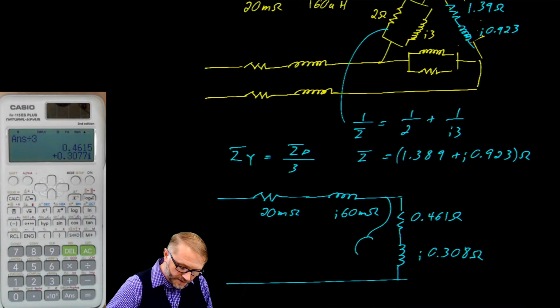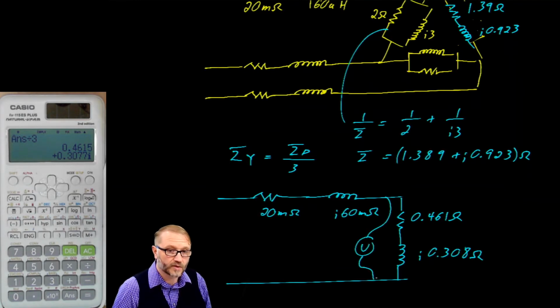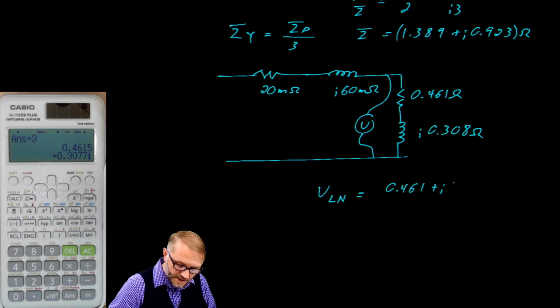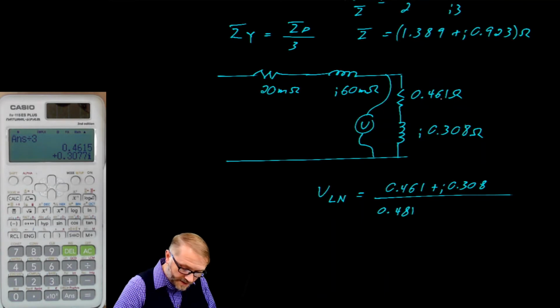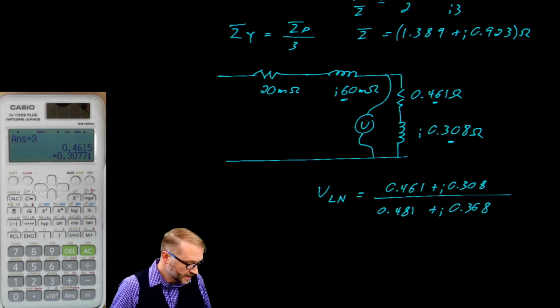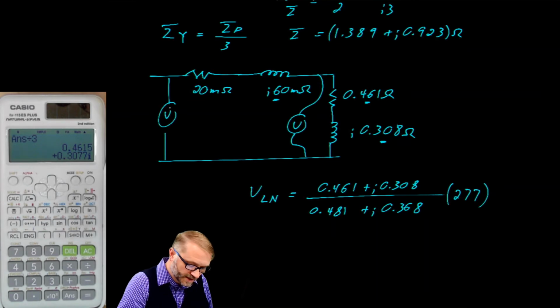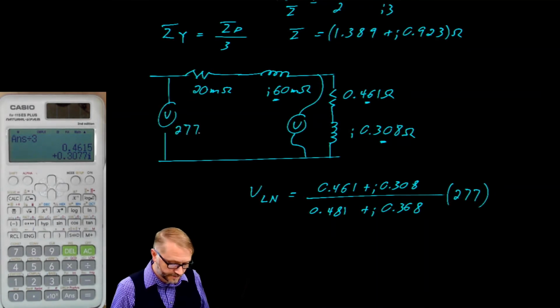From there, we can use the voltage divider to calculate the voltage that would have been measured across the Y. That voltage line to neutral is 0.461 plus j 0.308 over 0.481, so there and there, and then plus j 0.368, so there and there, all multiplied by 277, because that is the voltage of the generator line to neutral.